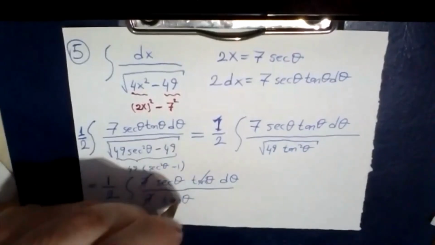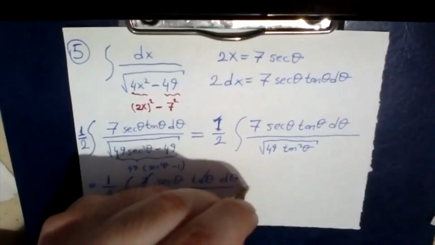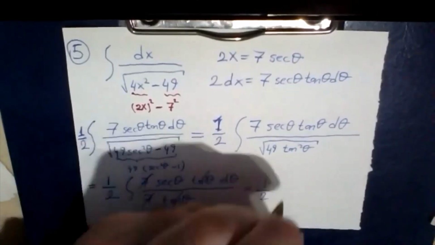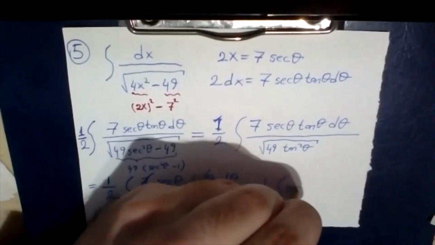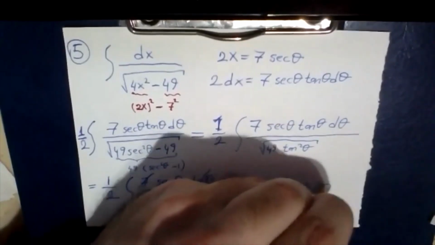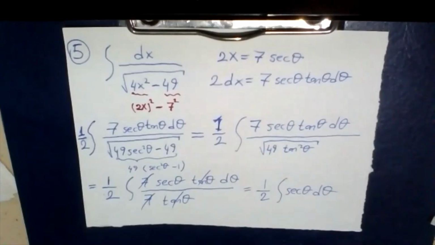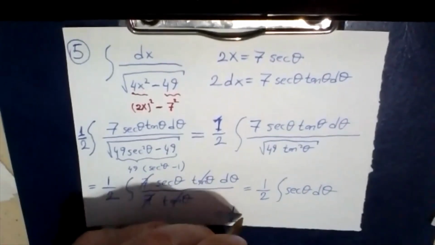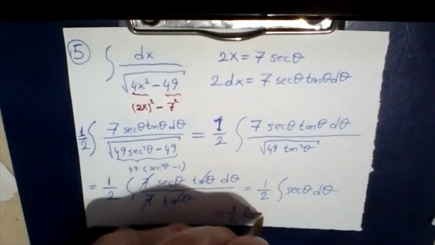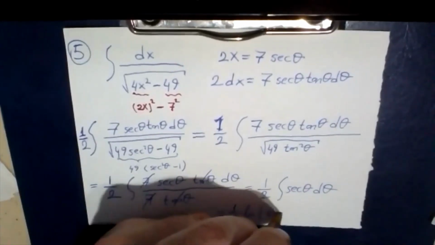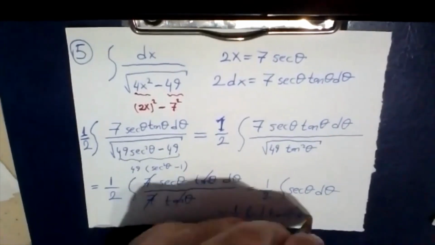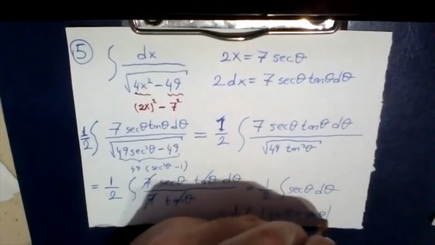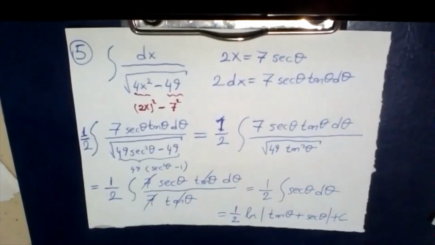We can cancel them, and we will have 1 over 2 times the integral of secant theta d theta, which is equal to 1 over 2 times ln of tangent theta plus secant theta plus a constant c.